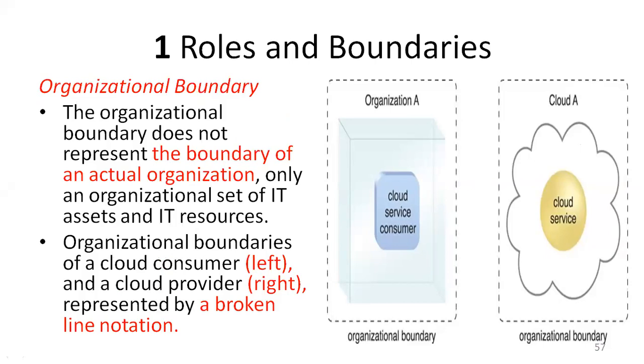The left-hand side indicates the organizational boundary for the consumer, and the right-hand side indicates the organizational boundary for the provider, represented by the broken line notation. They will not cross the boundaries of the organization. The restriction is there: this is the consumer boundary, this is the provider boundary, and you cannot cross these boundaries.